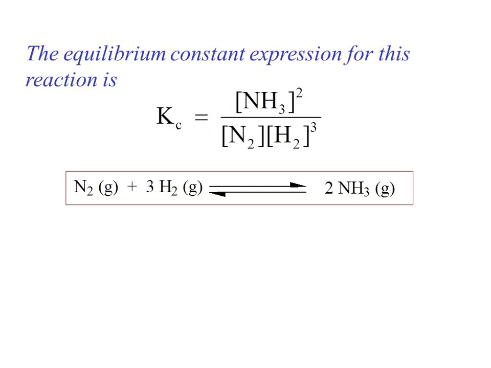So it's the product NH3 raised to its stoichiometric coefficient, which is 2, divided by the reactants raised to their stoichiometric coefficients, which for nitrogen is 1, and for hydrogen is 3. Cool. And I can put little subscript E's here. I know they're not usually there, but to me that tells me those are my equilibrium concentrations that go into my KC expression.